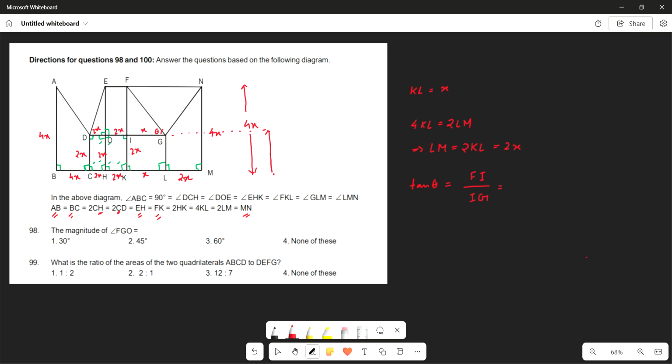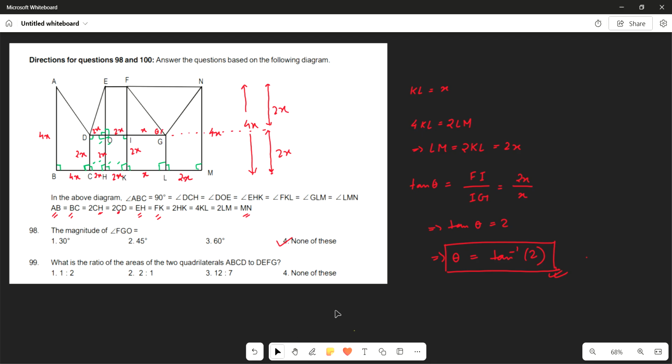This is 2x, so this will definitely be 2x. So FI is equal to 2x. IG we have already found out to be x. So tan theta is 2. Theta will be tan inverse of 2. This is the required answer. So the correct answer will be option 4.